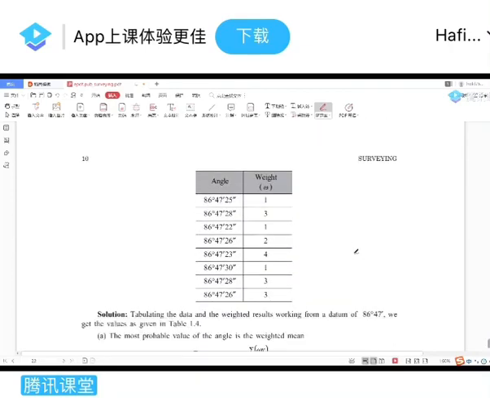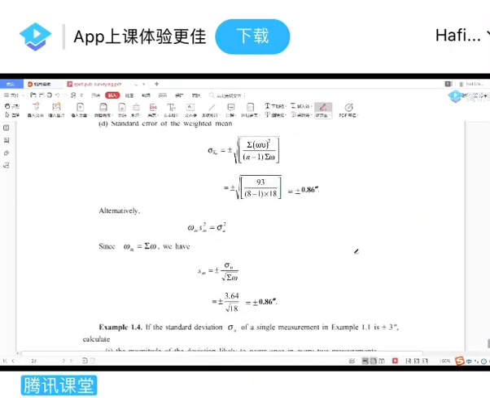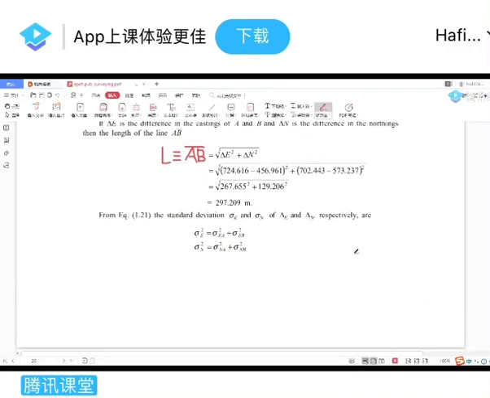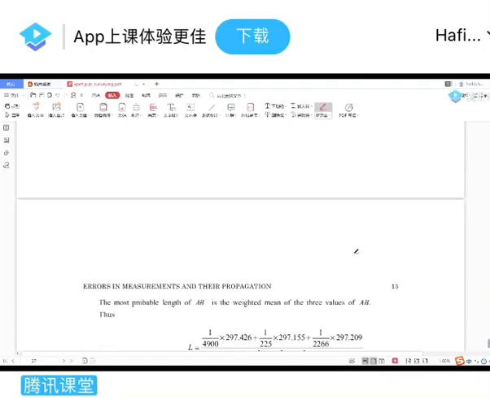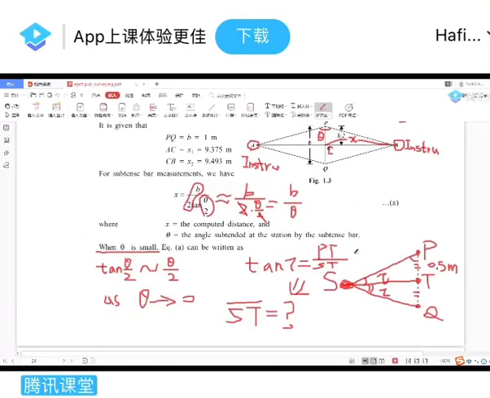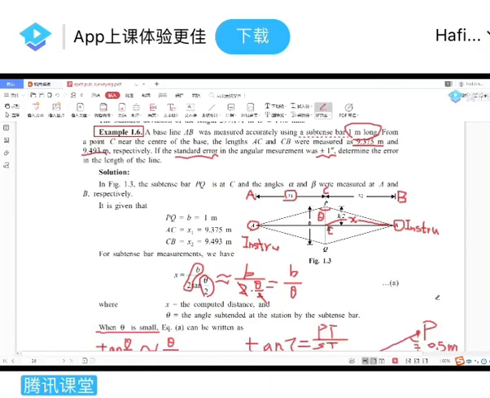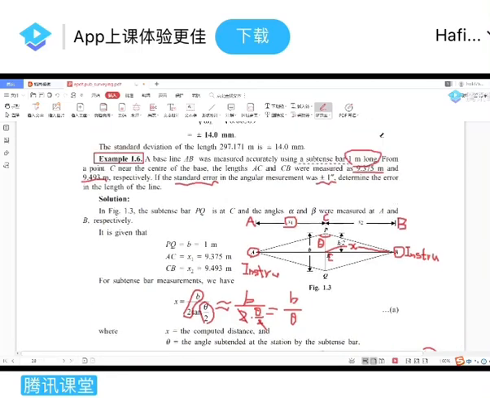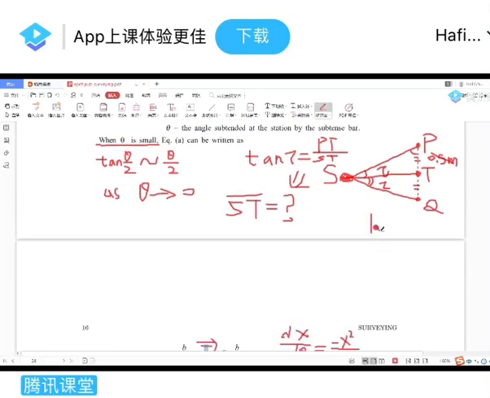That's question 1. Question 2 is also very important. It's very simple. It probably takes you only 2 minutes to finish question 2. Suppose instead of using the substance bar of 1 meter, you use a bar of 5 meters. The height is 1.5 meters.